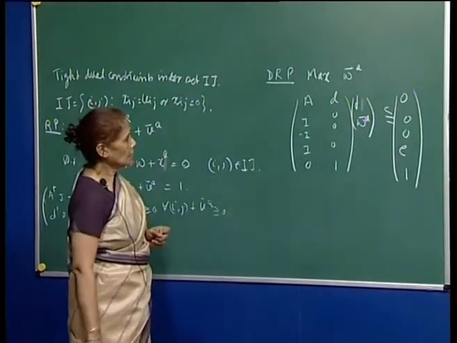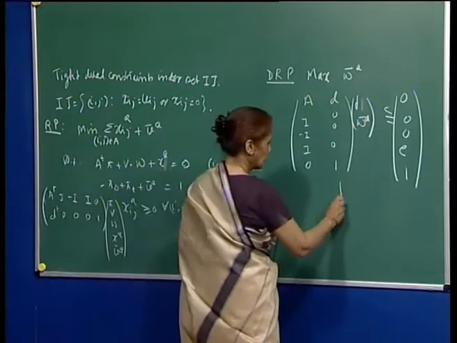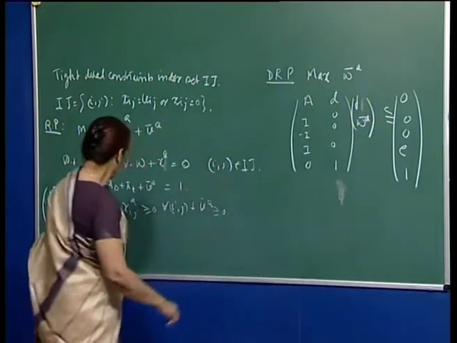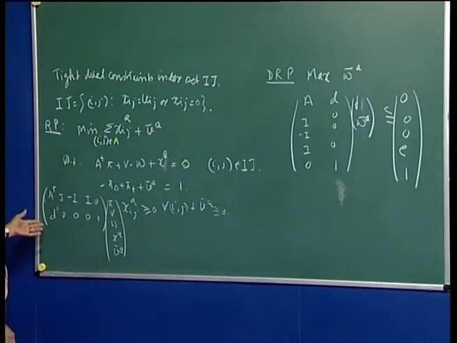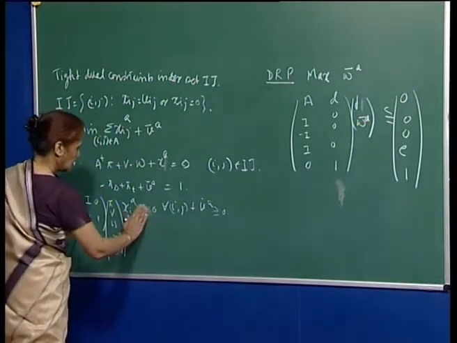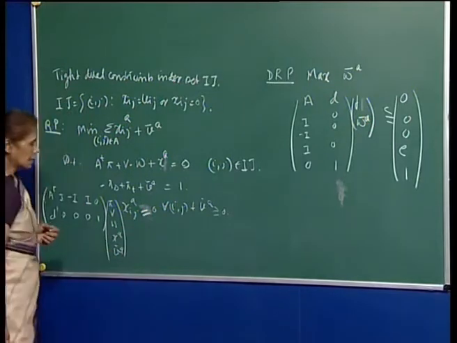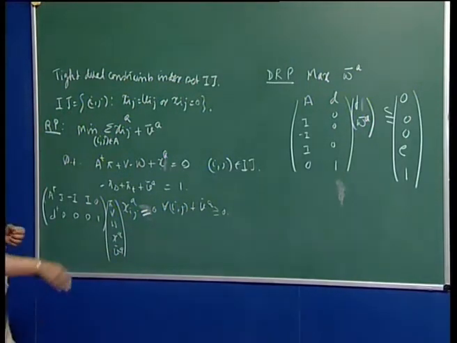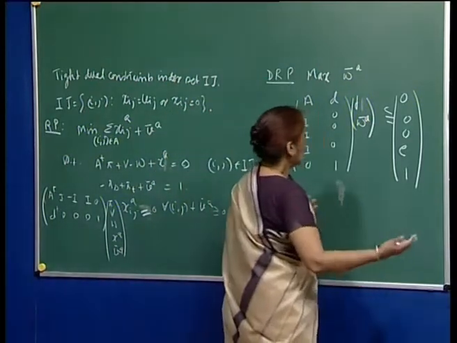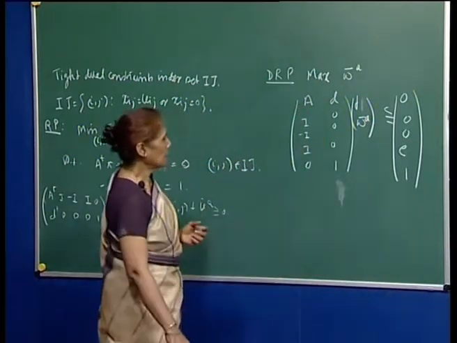So, these are your dual constraints. Remember in the minimization problem I had all equality constraints, okay. So, therefore, this was your no restrictions on F and W bar A, right.